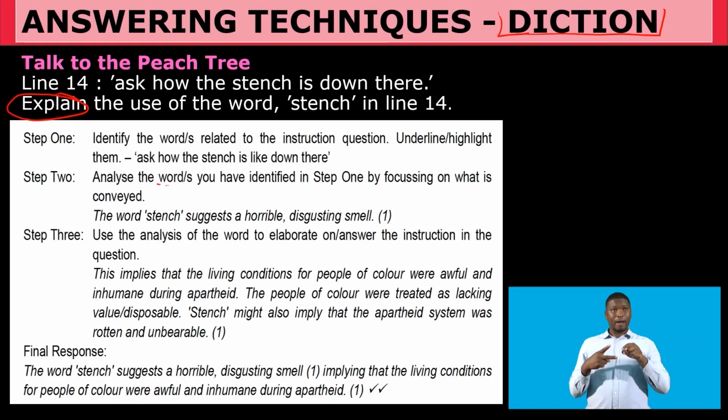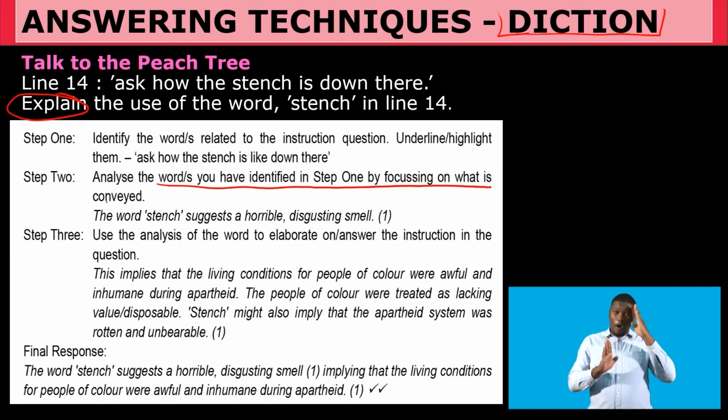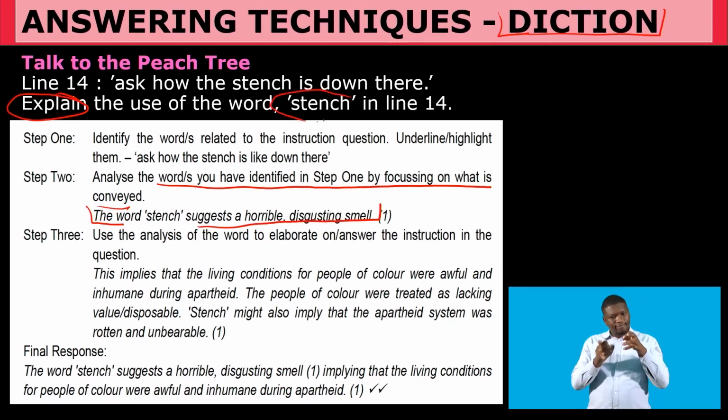Then, analyze the words that you have identified in step 1 by focusing on what is conveyed. So, the word stench suggests a horrible and disgusting smell. So, now we are defining what the word stench means. Then use the analysis of the word to elaborate on the answer, the instruction in the question, which is explain.